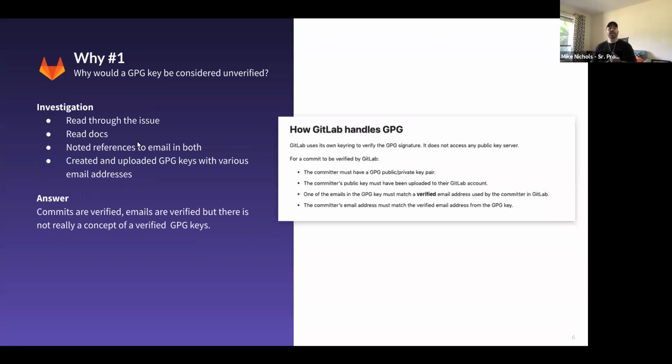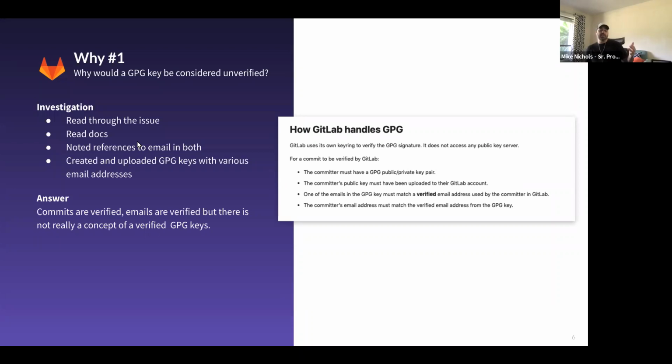So a little bit of how that got investigated, right? I started off reading through the issues. Austin had provided a lot of information there. From there, I went to the docs and started reading the docs. In both of those, there was reference to emails. And from that point, I created several GPG keys, uploaded them, and did some testing to see what happens when you do that and change the parameters and different logins and stuff like that.